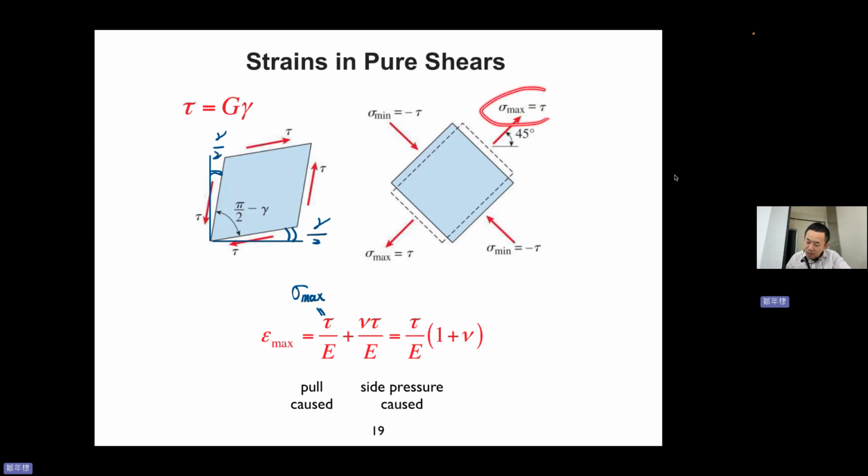The first one is the pull caused by sigma max. Another contribution is the side pressure caused by the Poisson ratio. So when you combine them together, you have epsilon max equals tau divided by E times 1 plus nu. The nu is Poisson ratio.